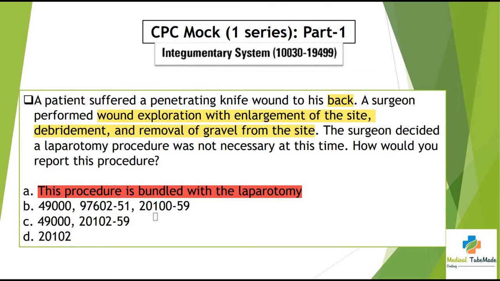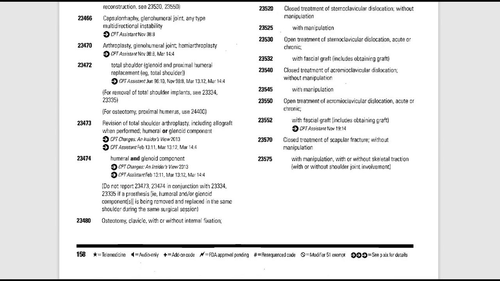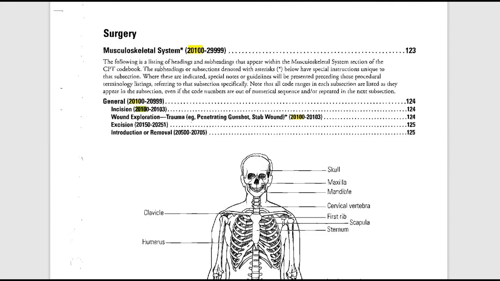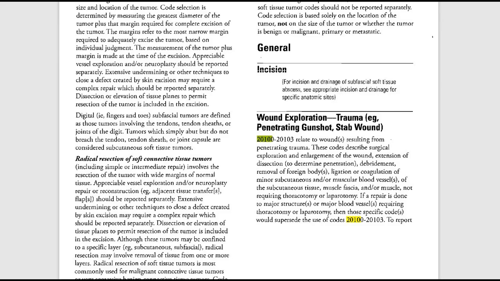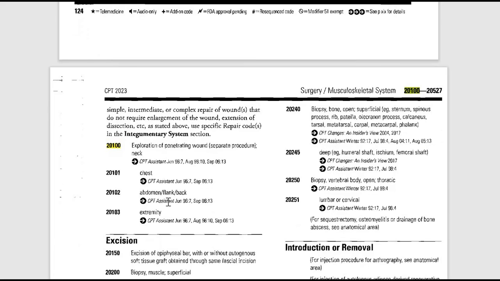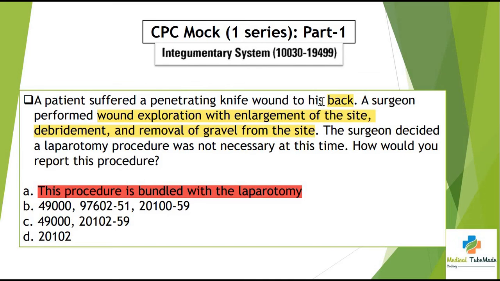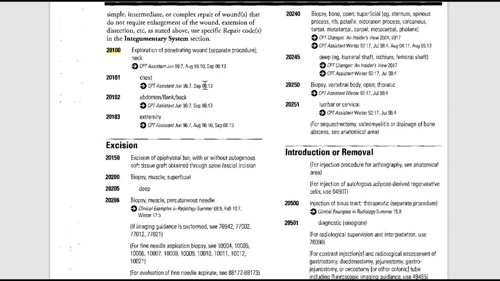So we will check the 2 series code like 20100. Here you can see 20100 is exploration of penetrating wound and the location is neck. As per our question, the location is back, not neck.